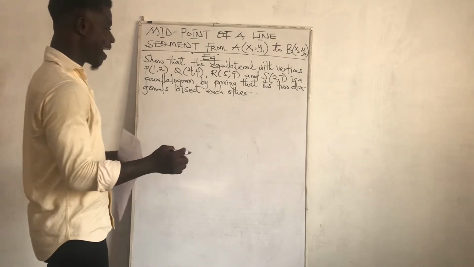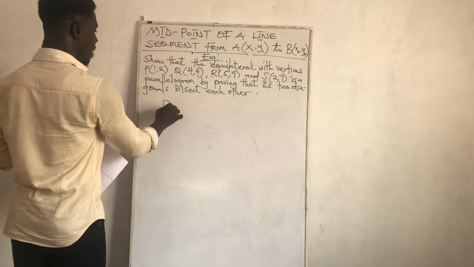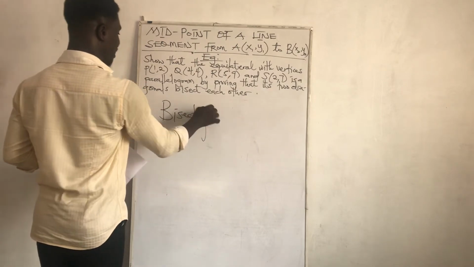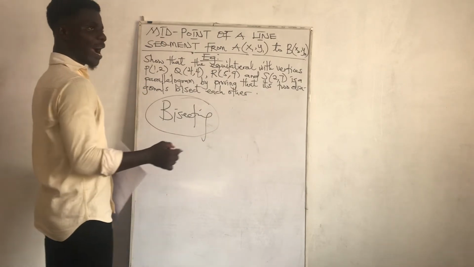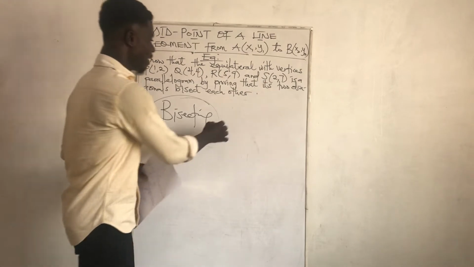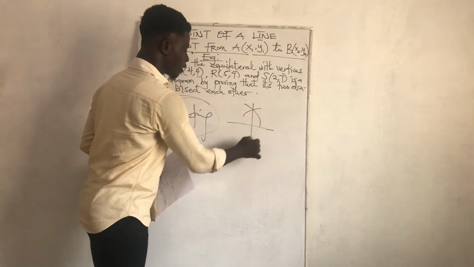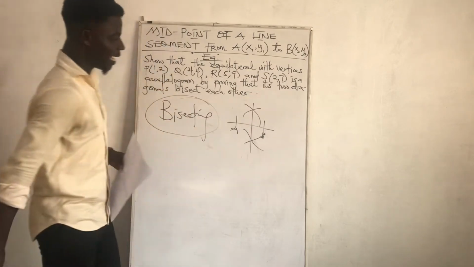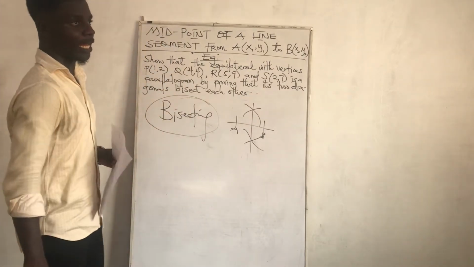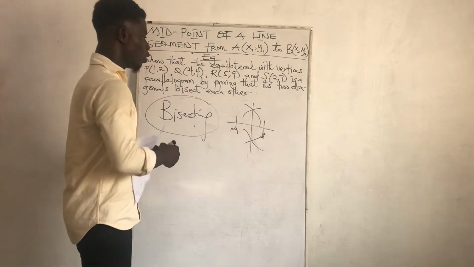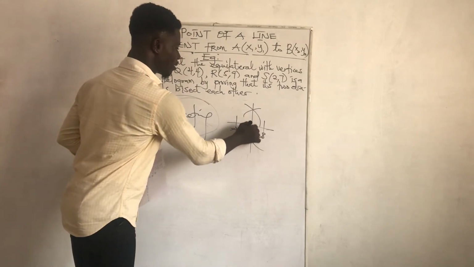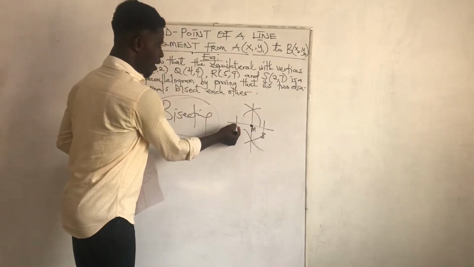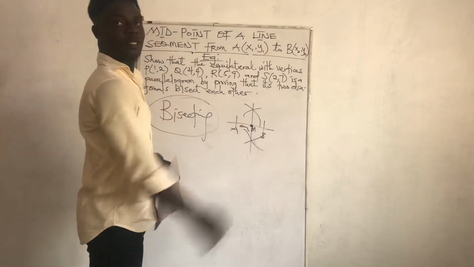And you know that bisecting a line means to divide it into two equal parts. That's geometric construction, right? To divide a line into two equal parts. So it means that this is M, the midpoint. From A to M and from M to B, we have equal distances.